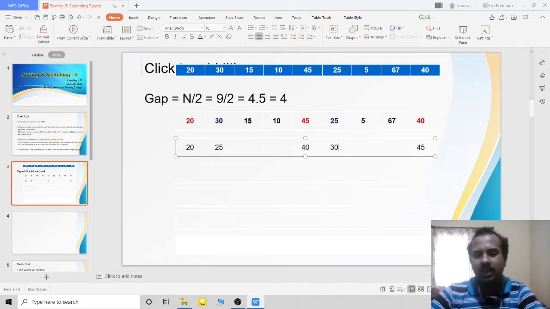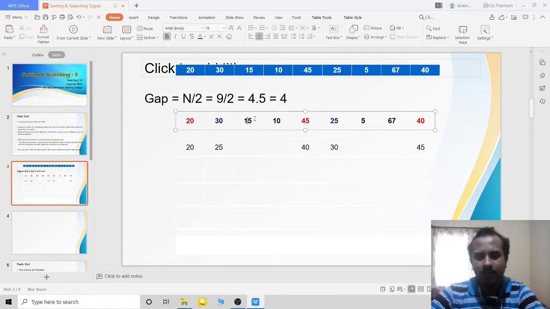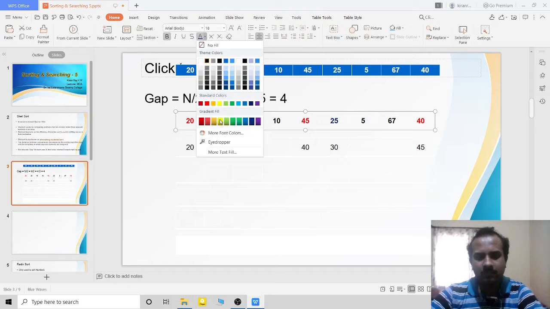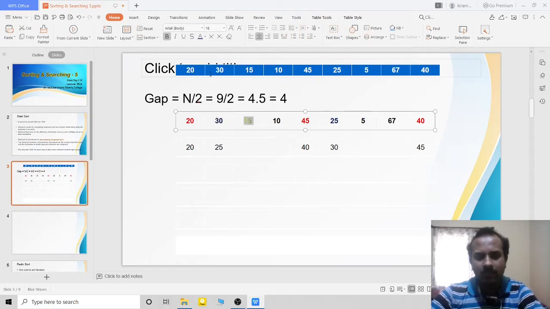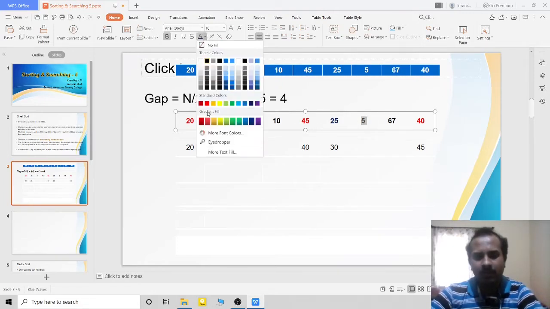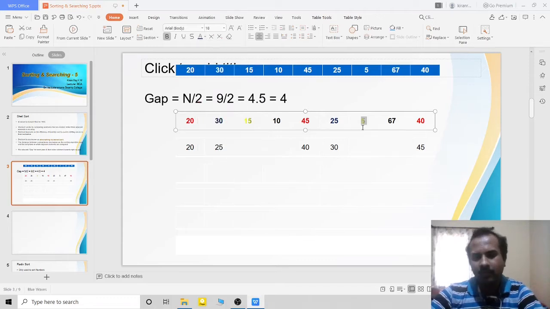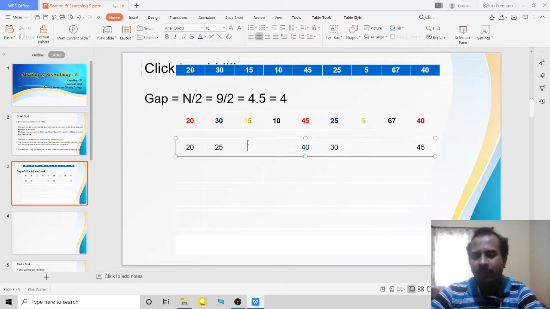15, check the gap now. Let me color that also. 15, 1, 2, 3, 4: 15 with the 5. Whether 15 is greater? Yes, 15 is greater and 5 is smaller. So I have to swap them.